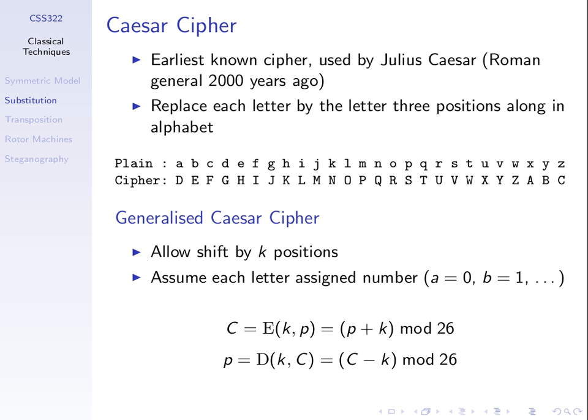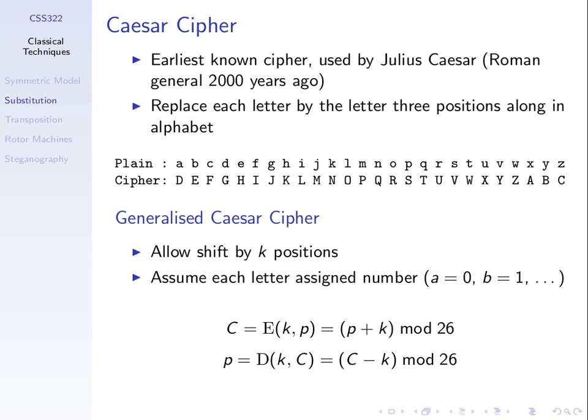Take the plaintext plus K, which is the number of positions we shift, mod 26. This is implementing the wraparound part, and we get the value of the ciphertext as a number, and we can map that number back to a letter. And similar for decryption.